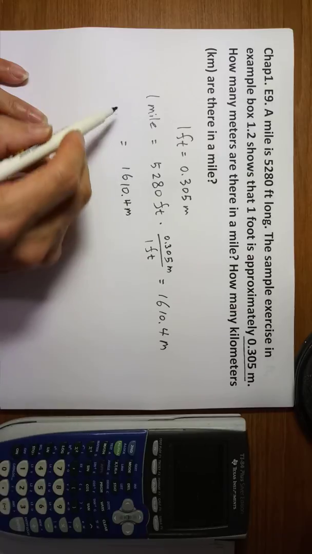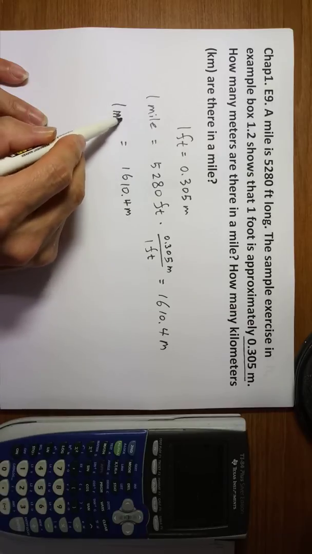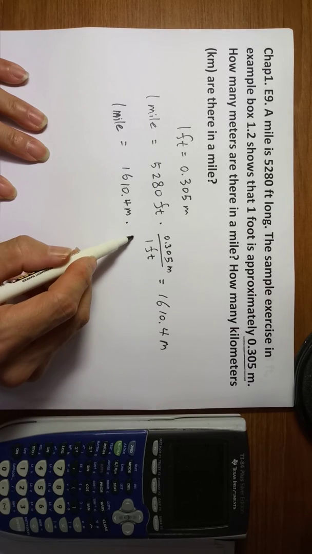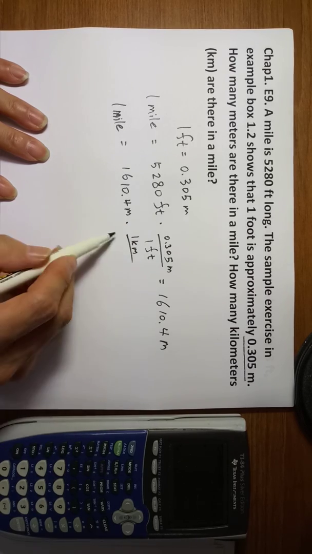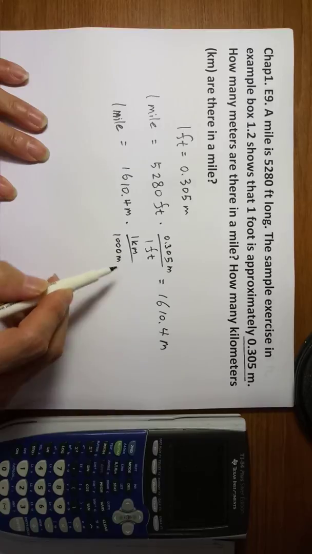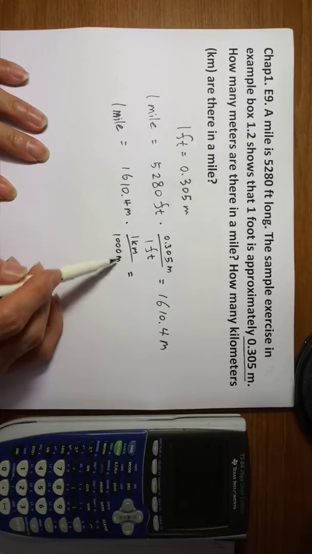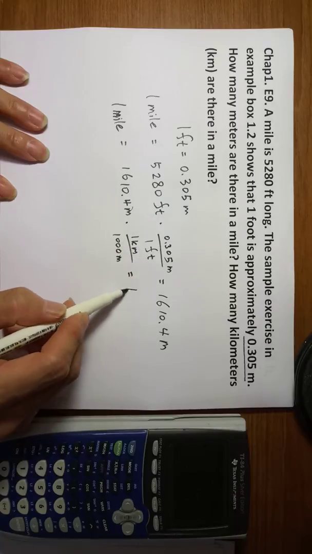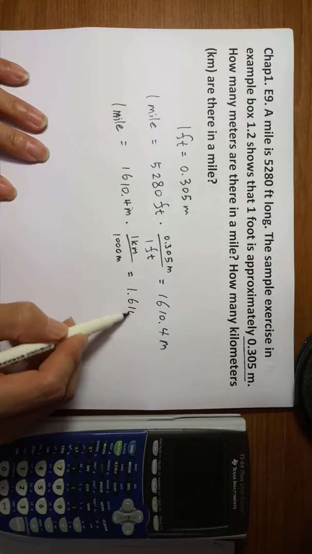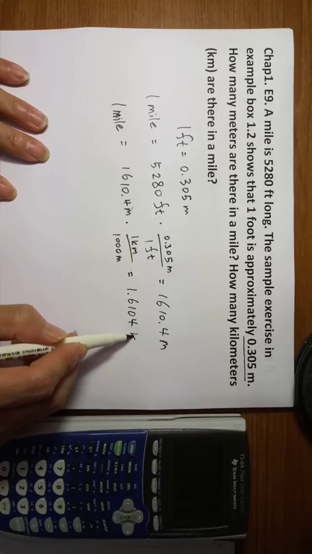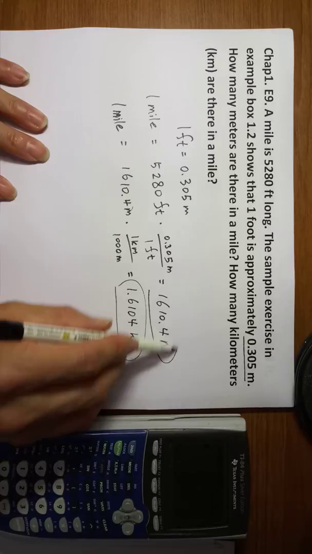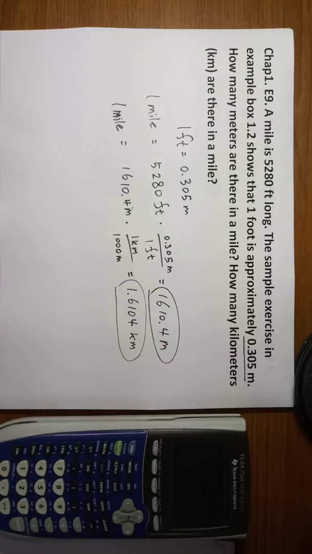This is 1 mile, and then you can calculate as 1 kilometer equals 1000 meter. Then meter cancels out, then you divide, and 1.6104 kilometer is a mile. So you can calculate mile to the meter and kilometer like this.